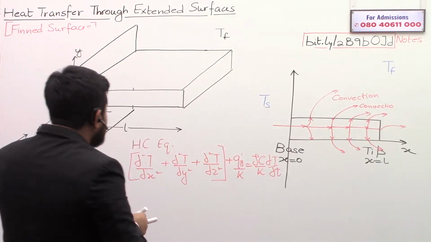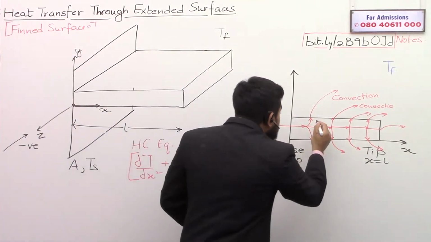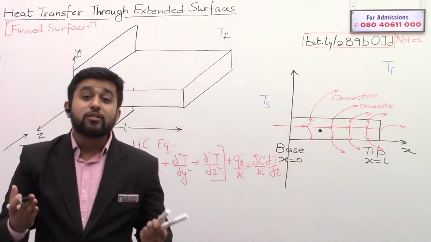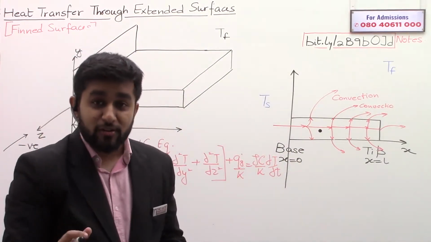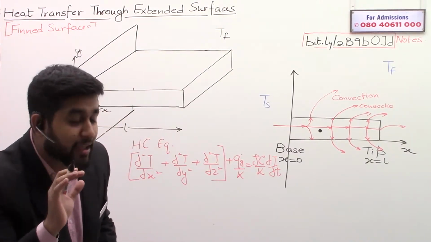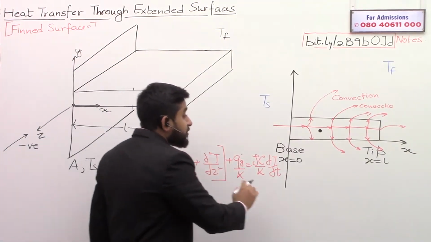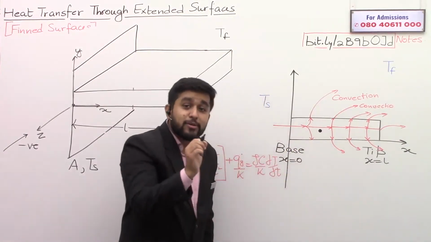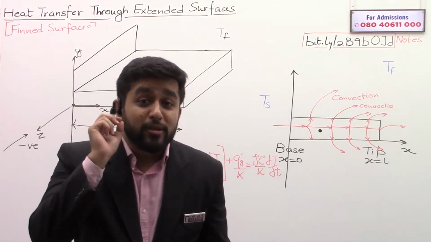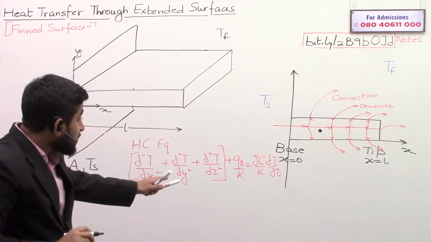So actually what this equation says is that suppose there is a point inside the material. Which material? The material through which heat is flowing by conduction. So there is a point inside the material, heat is flowing through the point by conduction, and definitely at this point, there will be some value of temperature. There will be some value of temperature, there will be some value of these derivatives also.